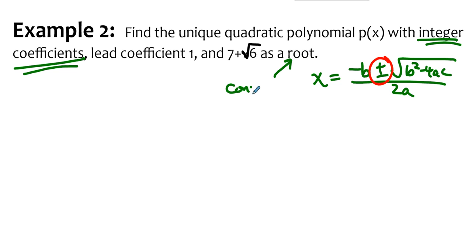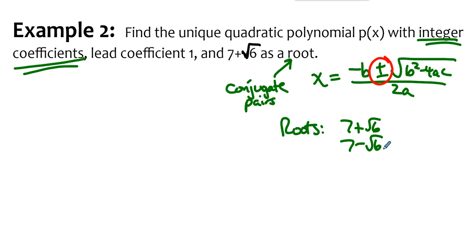Roots come in what we call conjugate pairs. So the roots are 7 plus root 6 and 7 minus root 6.